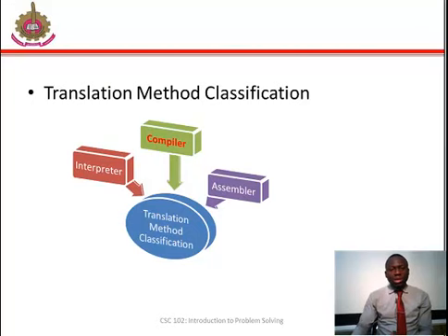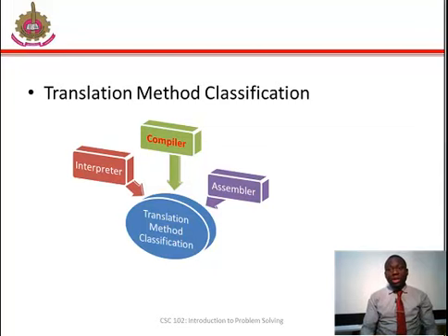Now, translation method classification. Under this, you have interpreter, compiler, and assembler. Among all the computer programming languages, only the machine language is in machine executable form.